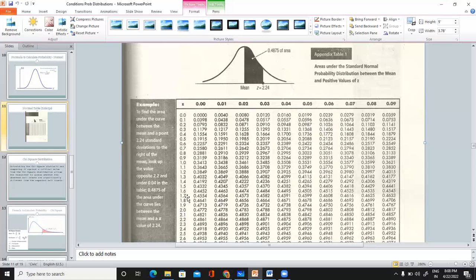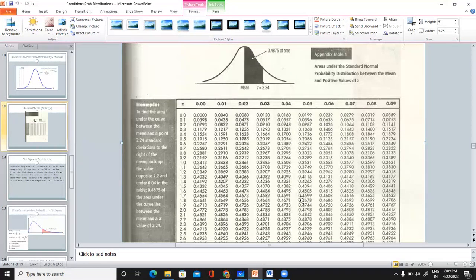So 1.7 in the first column and the second decimal place of 5. We are looking at z value 1.75. So 1.75 z will cover the area of 0.4599.